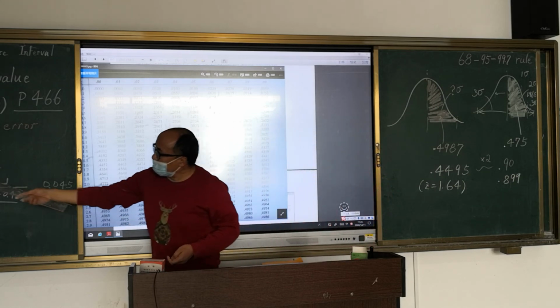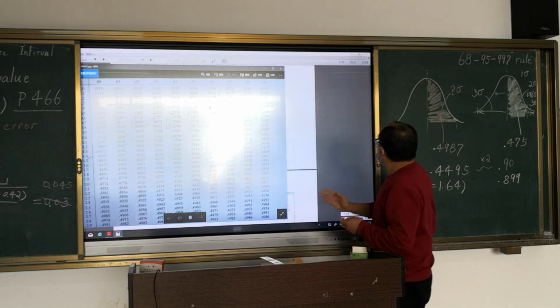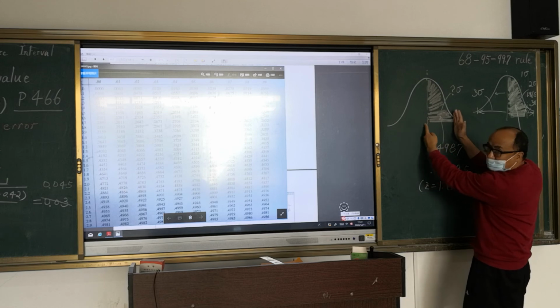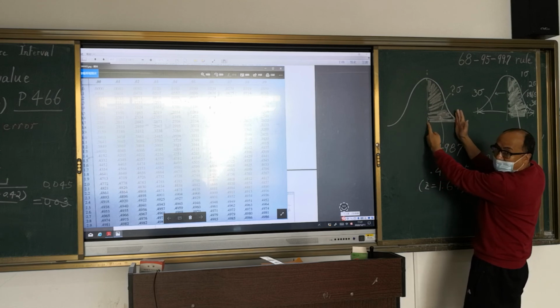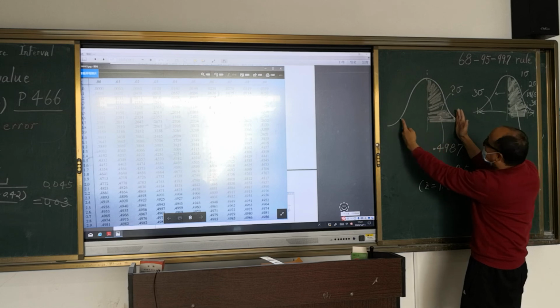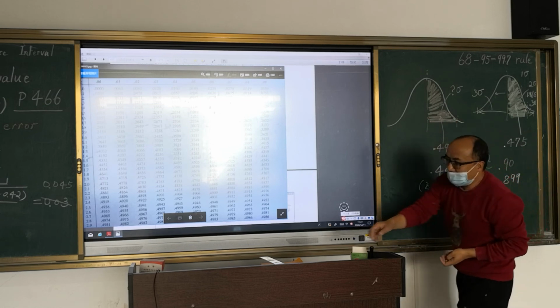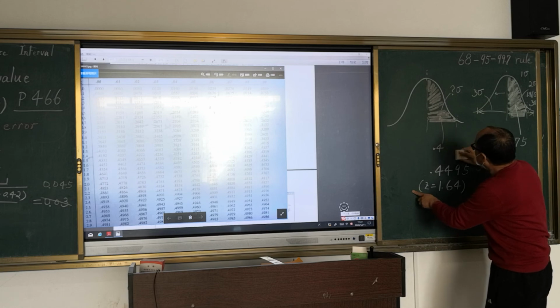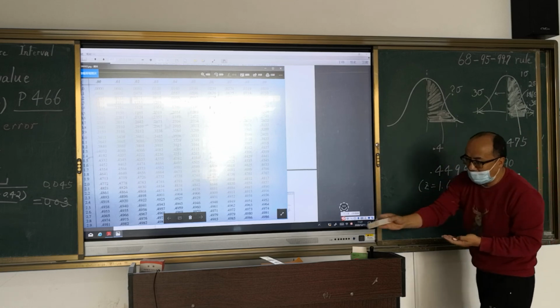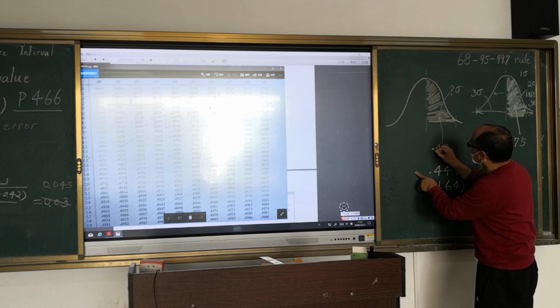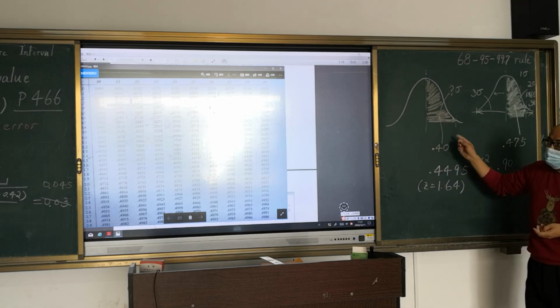Then what is the Z value? This part is 40%, and this part is 40%, so the total is 80. Putting it another way, it is 0.40.